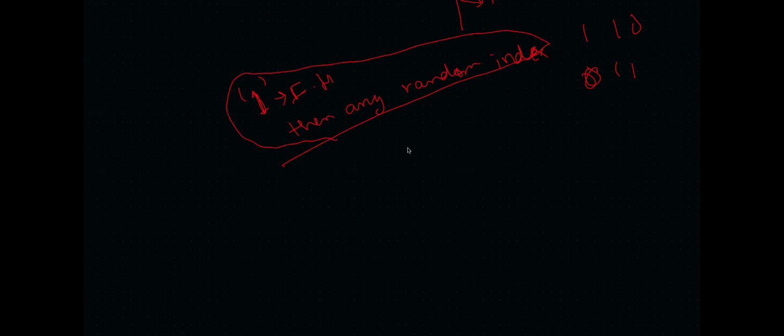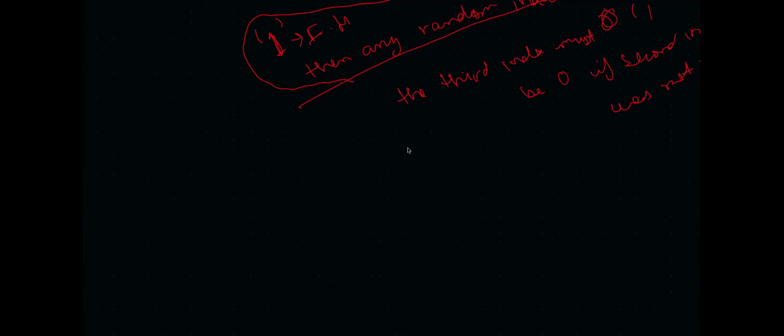But the third index must be 0 if the second index was not 0. Okay. So this is the case. And this way I'll be able to bring all zeros to the first half.